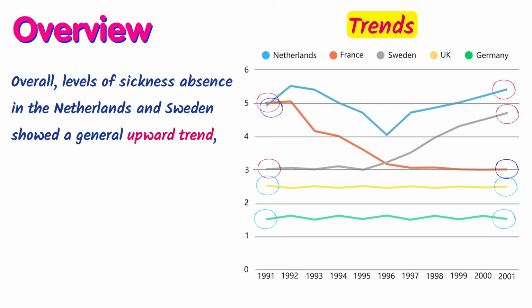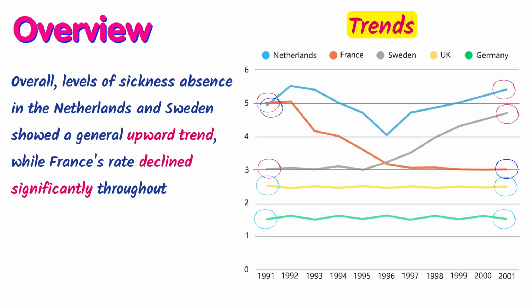It's a very nice word here. While France's rate declined significantly throughout the period. So you pay attention here to the adjectives and adverbs and the verbs and nouns I'm using here to describe trend. So France's rate declined significantly throughout the period.